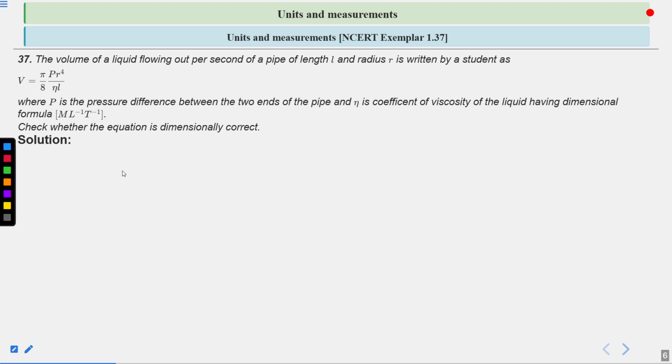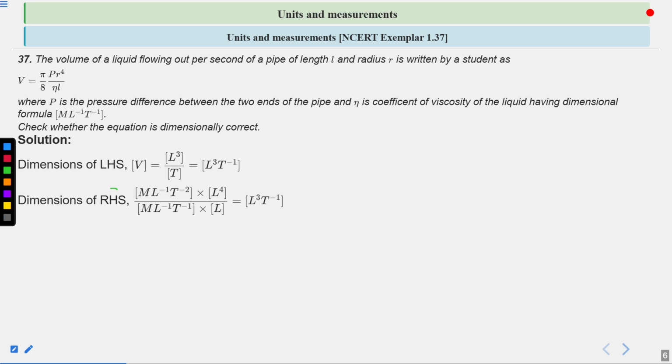So the dimension of LHS, the left hand side, is volume. The dimension of volume is L cube divided by T, which is L inverse L cube T inverse with square bracket. For the dimension of RHS, the right hand side, pi by 8 is a constant value.